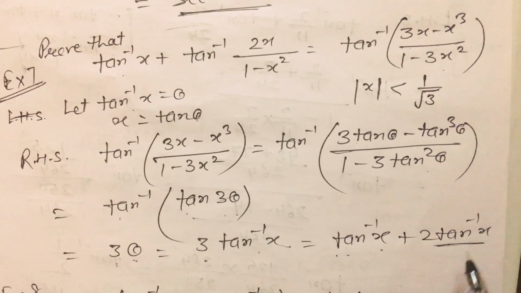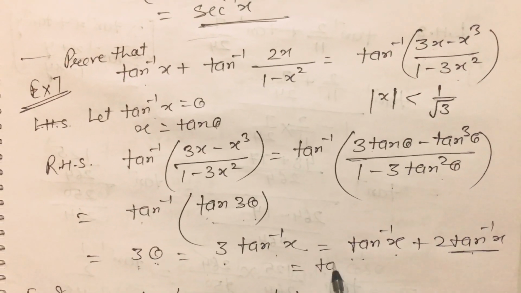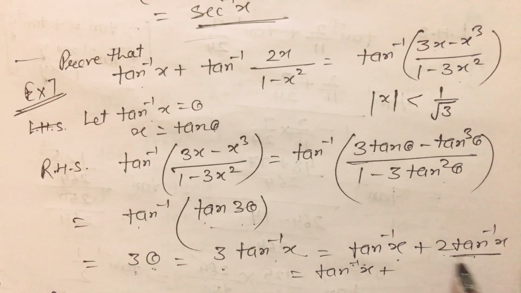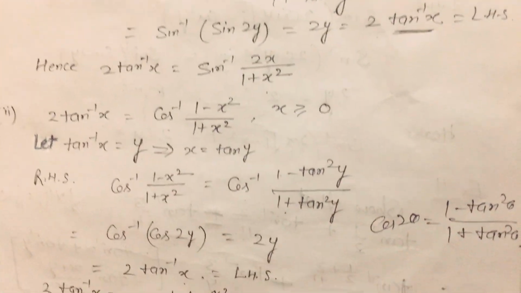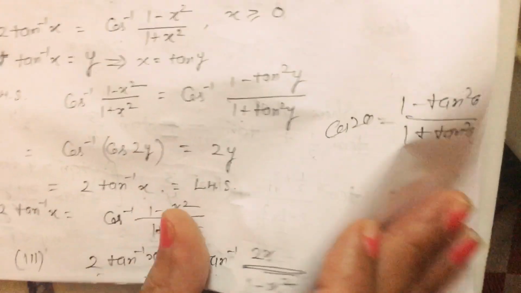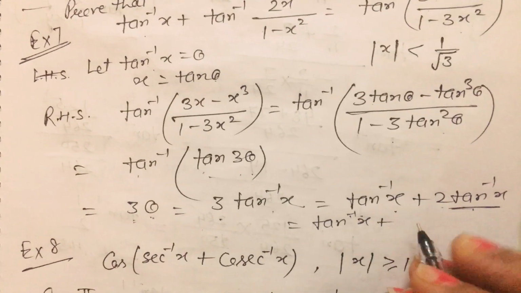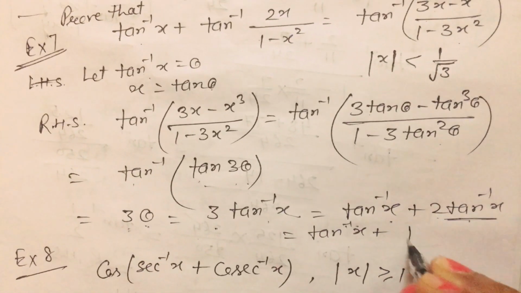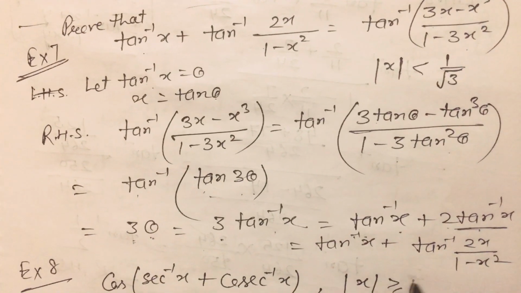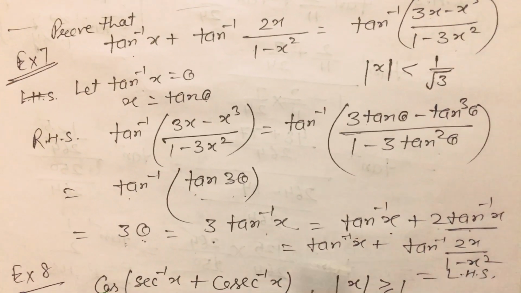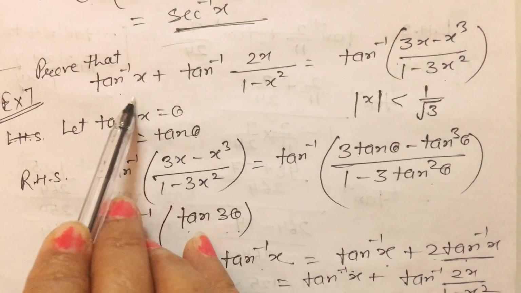And we know the formula, we read about this same formula: 2 tangent inverse x is equal to tangent inverse 2x upon 1 minus x square. So we can use here 2 tangent inverse 2x upon 1 minus x square, and this is equal to the left hand side. Look here, so we can write this is equal to this.